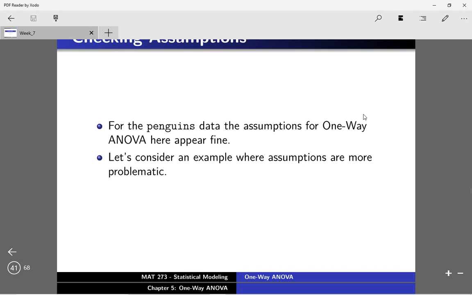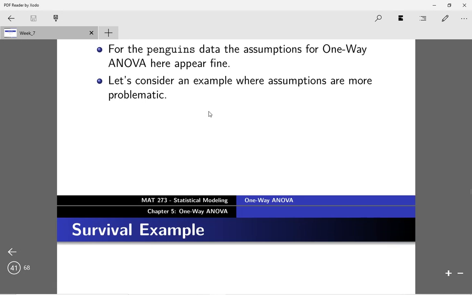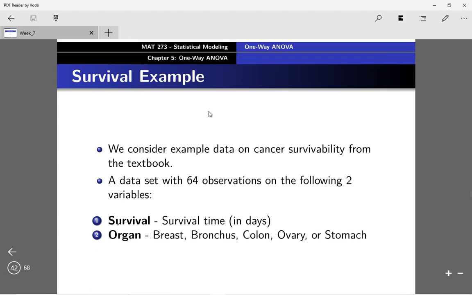Okay, so overall, the assumptions appear to be met here for this penguins data set. But let's look at an example where these assumptions are more problematic, so they're not potentially met. And what we're going to look at is an example data set on cancer survivability from the textbook.